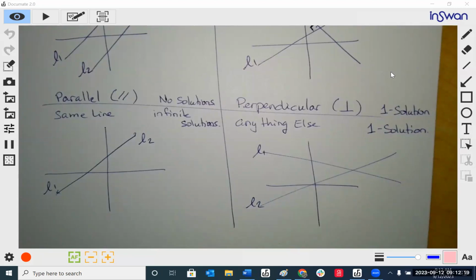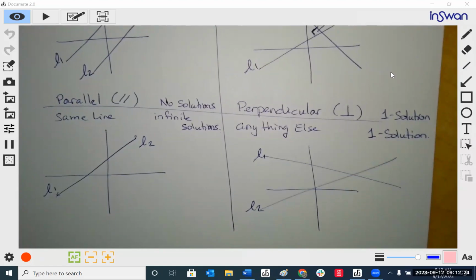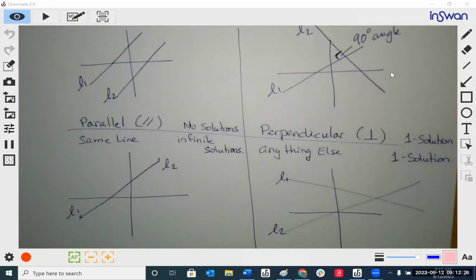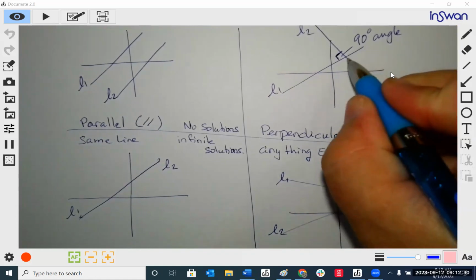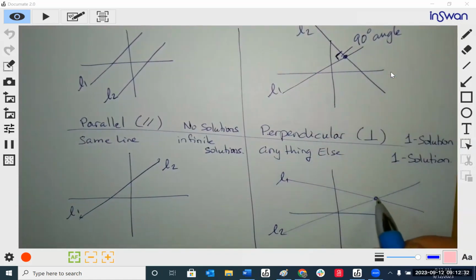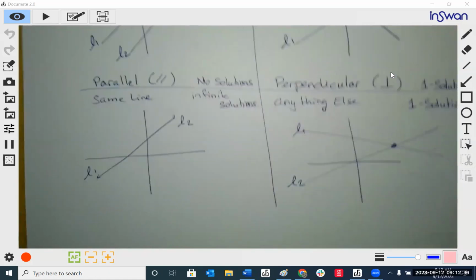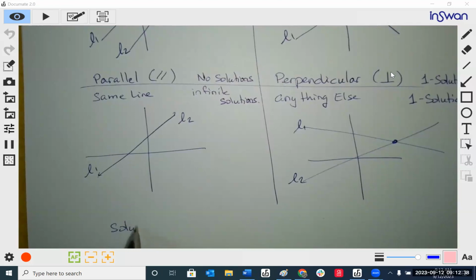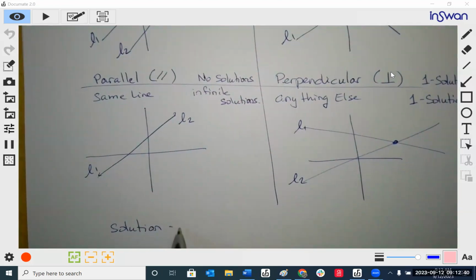When I say solution, what does that mean? In this case, what does a solution represent? Very good. It's where the lines intersect, where the lines cross. Where two lines intersect.